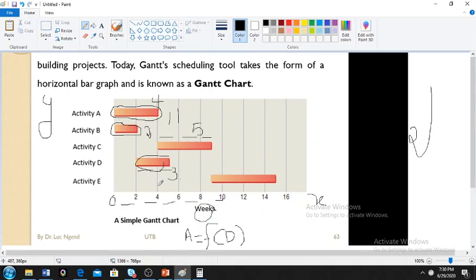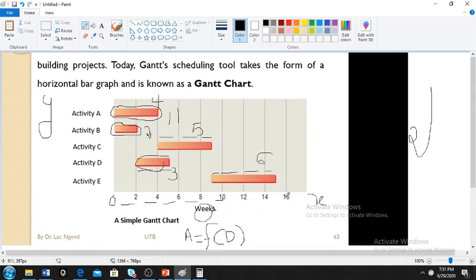And then E is going to start after C. It's going to take like 1 plus 2 plus 2 plus 1, 6 weeks. This is how you build the Gantt chart.